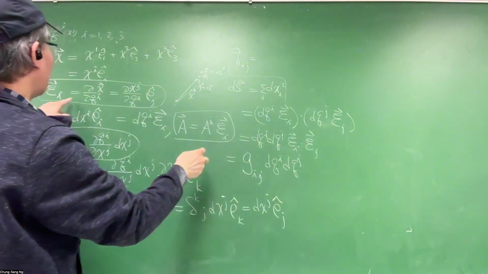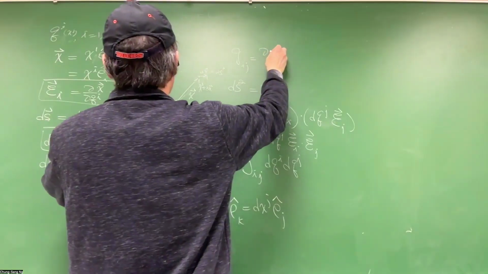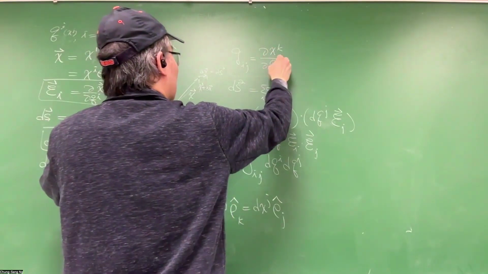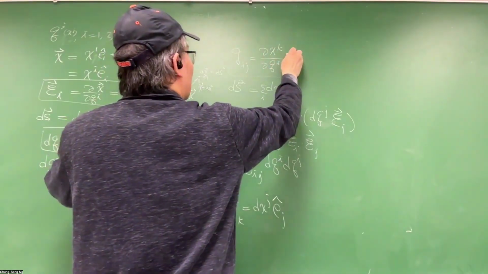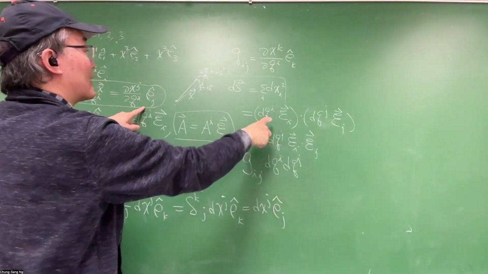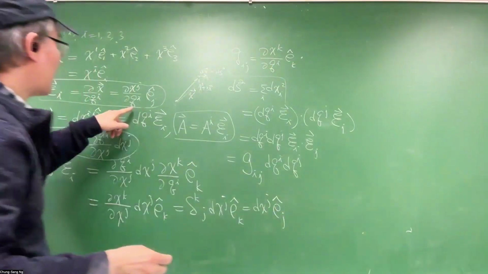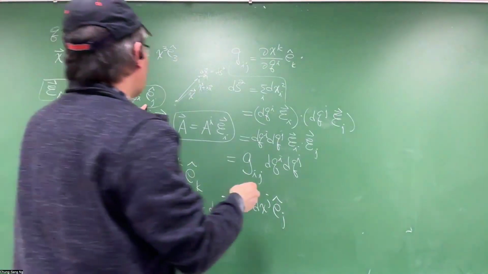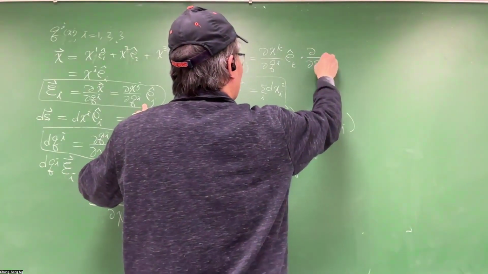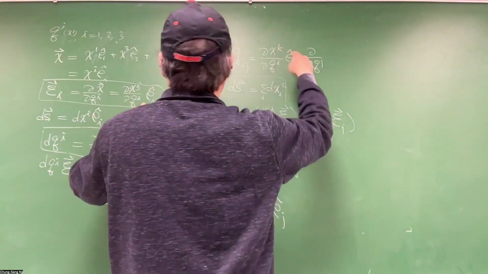Epsilon i dot epsilon j. Epsilon i is this one here, but we cannot use j. So this is one of them, epsilon i, and then dot into epsilon j, right? In j we change that to j, and now we cannot use the k.